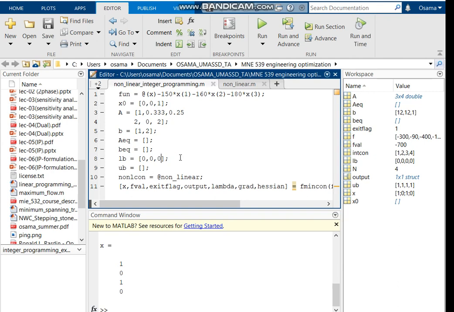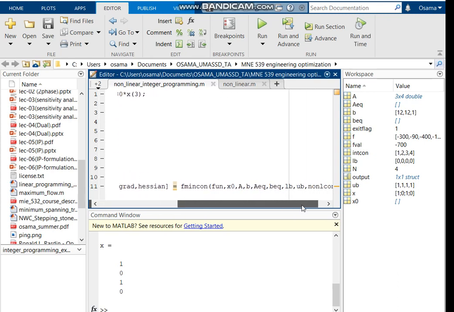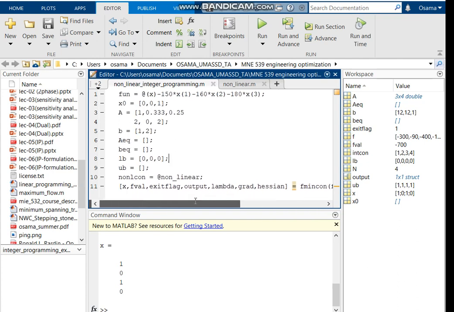The difference is that fmincon doesn't handle integer programming problems in any way. There is no magic code or advanced option you can put in so that it is solved by default. So here, we're going to integrate the branch and bound method with the fmincon code to get the final solution.